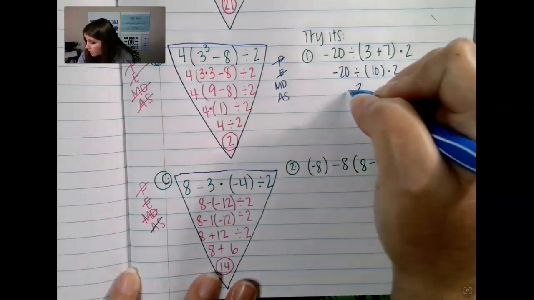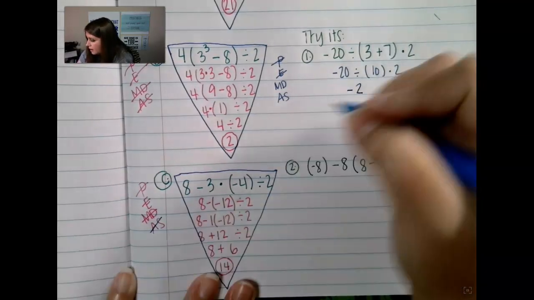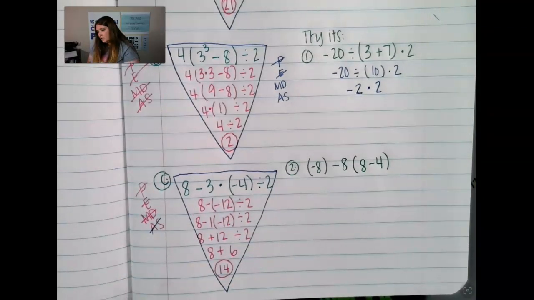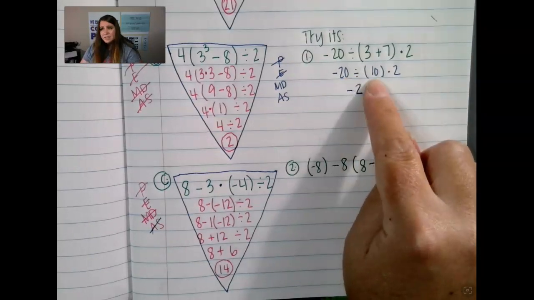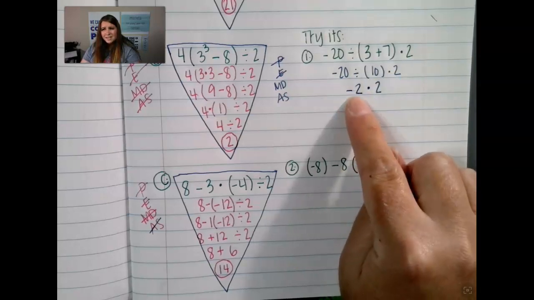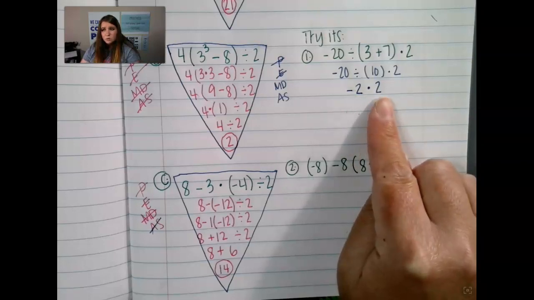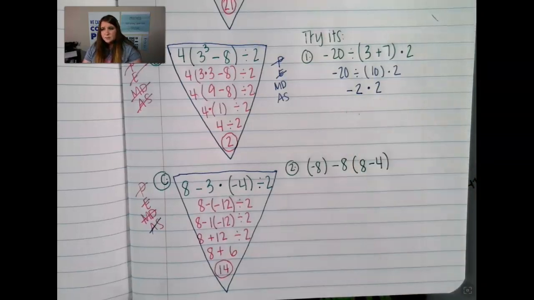A negative 2. I then have my 2 that I need to continue to drop down. Because if I had negative 20 and I put it into 10 equal groups, each one is negative 2, or 2 red chips times 2 yellow chips.